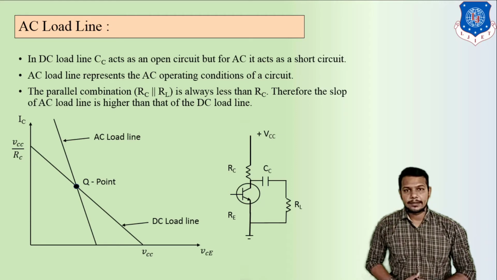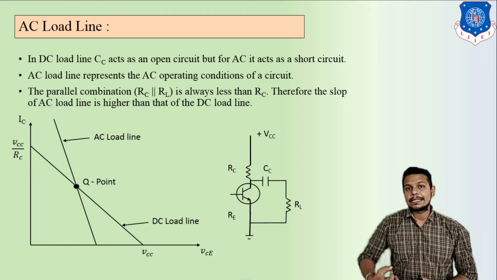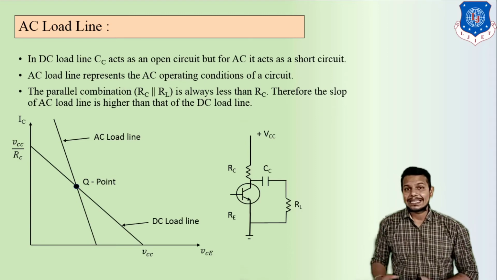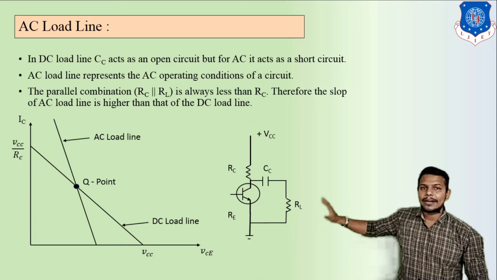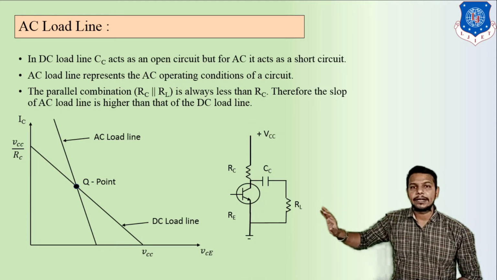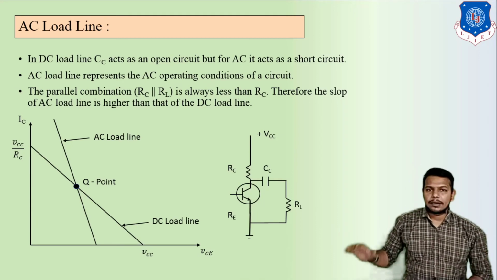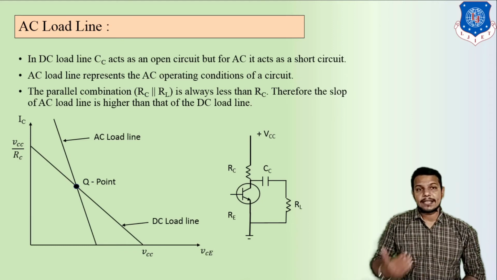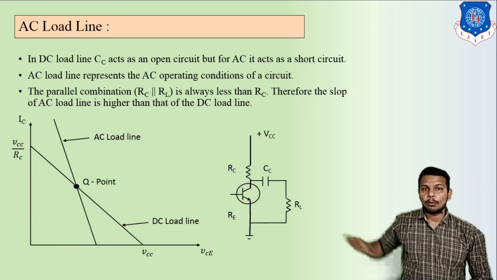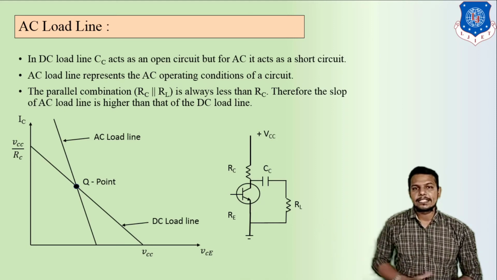We discussed earlier that if we are using a capacitor in the circuit diagram, for DC it will be open circuited and for AC it will be short circuited. The AC load line represents the AC operating conditions for the circuit. Here we can see this parallel combination RC parallel RL is always less than RC. Therefore the slope of the AC load line is higher than that of the DC load line.